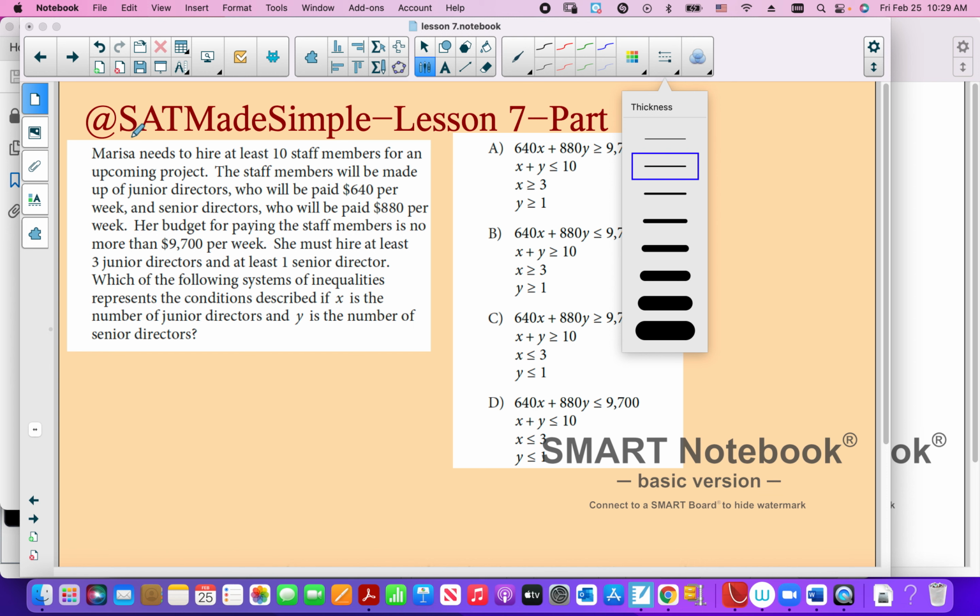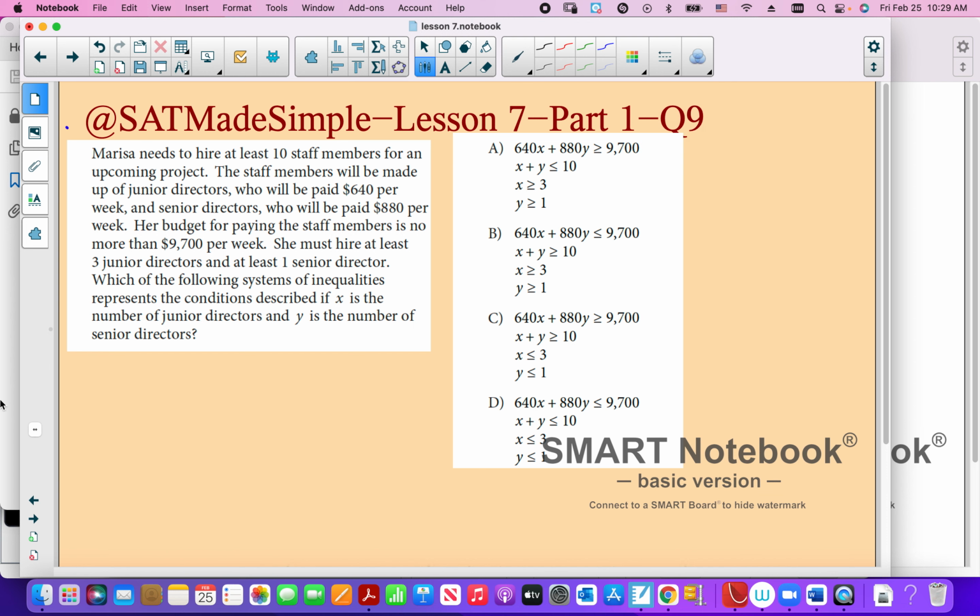Also, this question is translation. We need to read the entire question to be familiar with the variables they are giving us. In here, it says Marissa needs to hire at least 10 staff members. At least meaning automatically that we know that it is greater than or equal to 10.